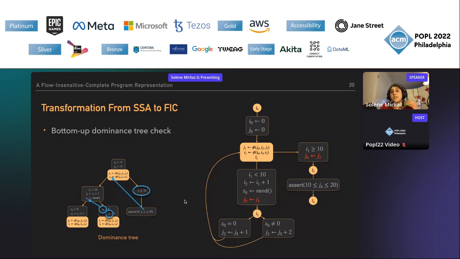So if it has a height of h, then the complexity of this algorithm is h times the number of blocks times the size of our original program, which is in SSI form. So it's not as good as the transformation to SSA, which is mostly linear. But if this form does not introduce too many variables and allows flow-insensitive analysis to be performed quickly, then it's a price we are ready to pay.